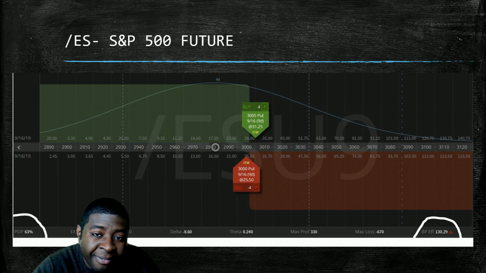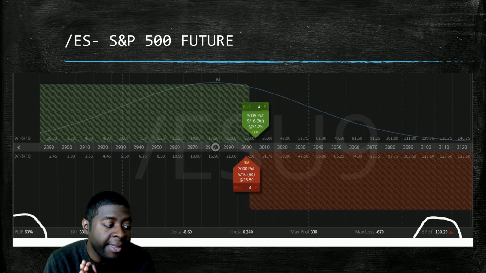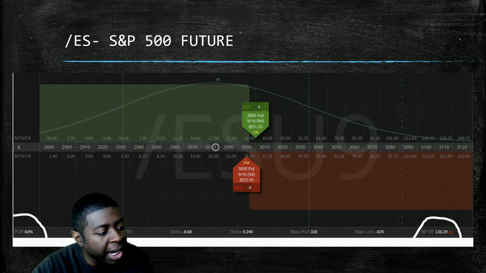And we're going to believe the same thing, that 3,000 or 300 is going to be that wall and that the market will not go past that. And look at the capital efficiency using futures options, right? Max profit, basically the same. Max loss, basically almost the same. But look at the buying power efficiency. Only $130.29 needs to be put up to make this trade happen.